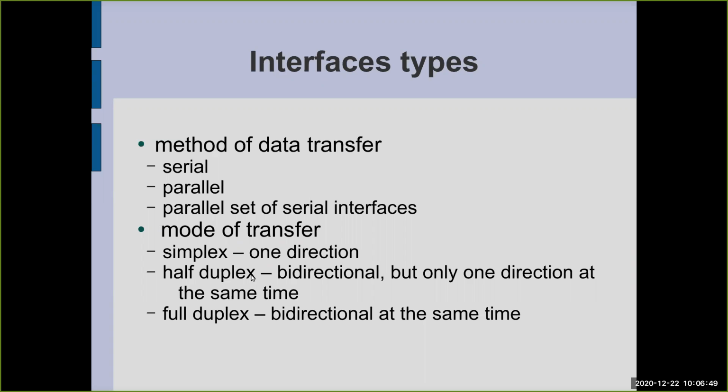In half duplex, at the same time, only a single node can send data. And in full duplex, we have two nodes and they can send data to each other simultaneously. So there are no restrictions.